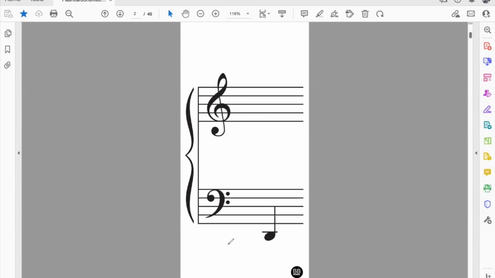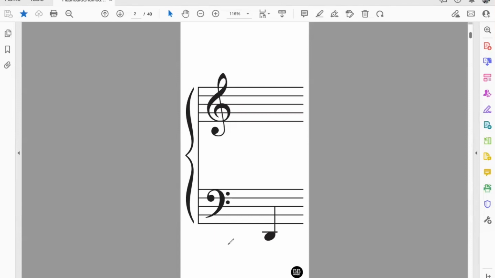Let's do it backwards. A, G, F, E, D, C, B, A, G, F, E, D, C, B, A. Sorry, I skipped. Okay, so now we're going to go forwards in skips.